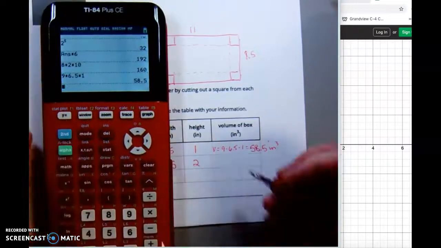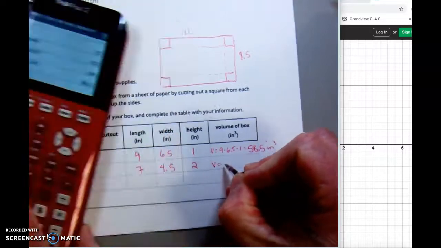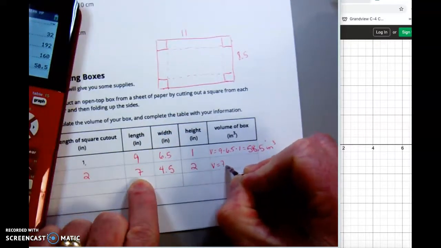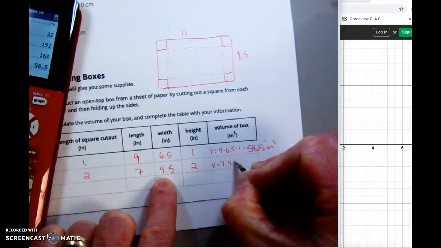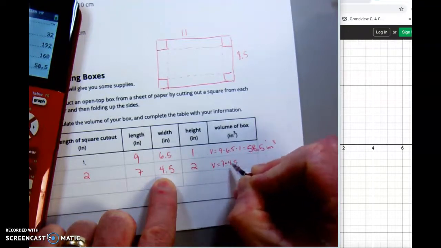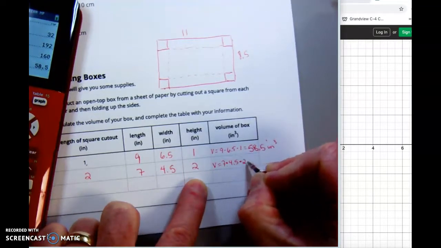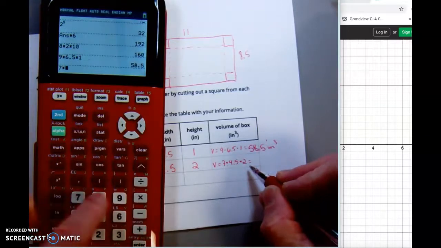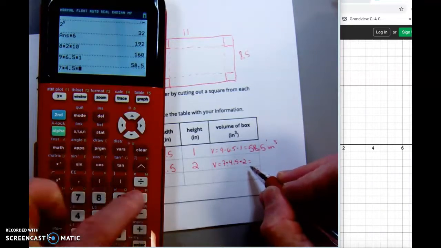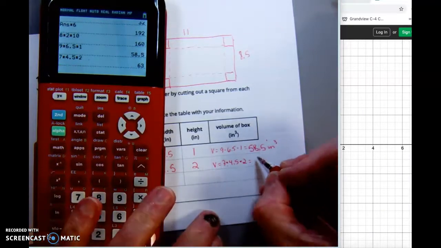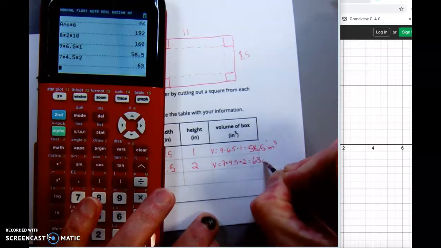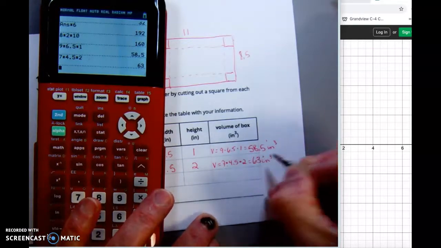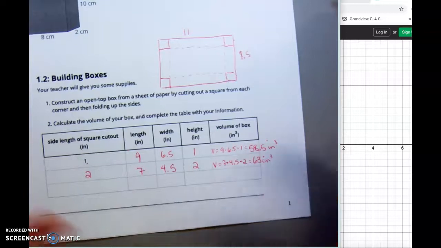So again, volume equals length times width times height. We'll crunch the numbers on the calculator. 7 times 4.5 times 2, 63 inches cubed. By taking a 2-inch corner out, we actually get a box that holds more.